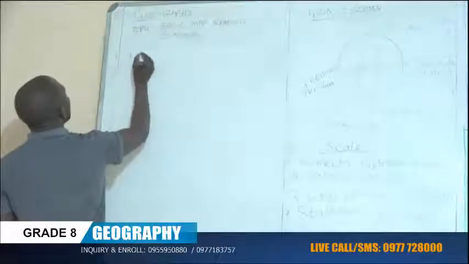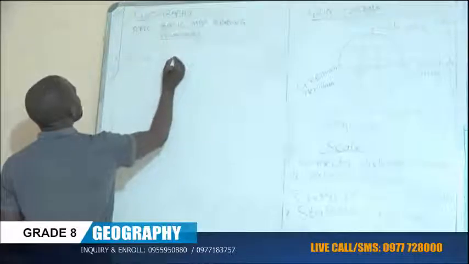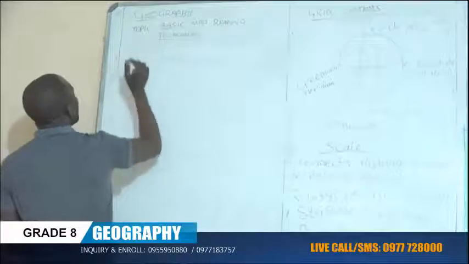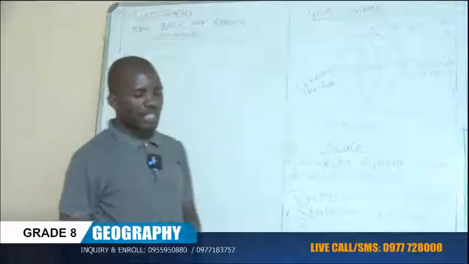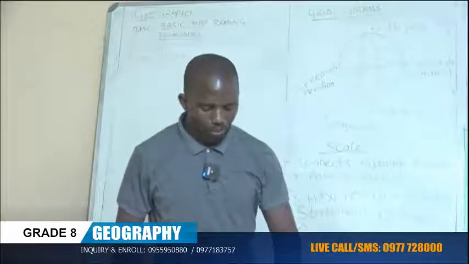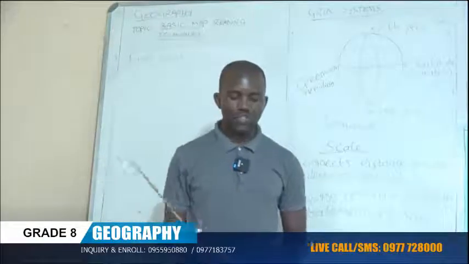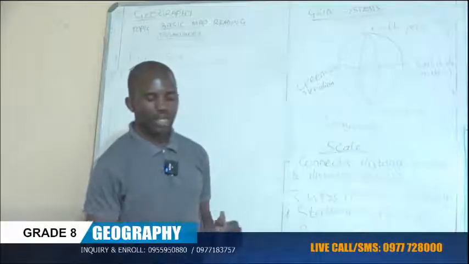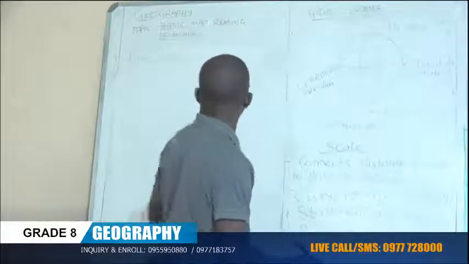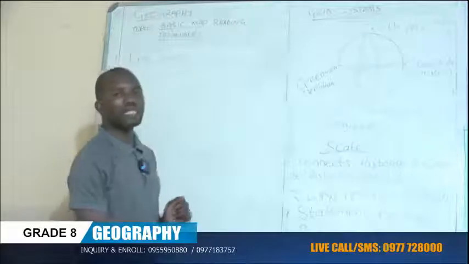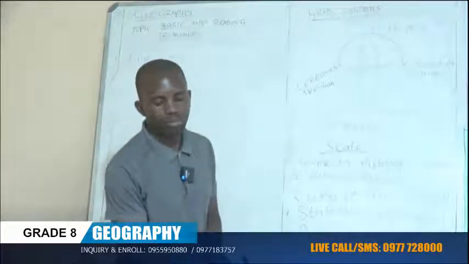Now, what does this do? A line scale is a line which is drawn below the map. It shows the relationship between the distance on the ground and the distance on the map.